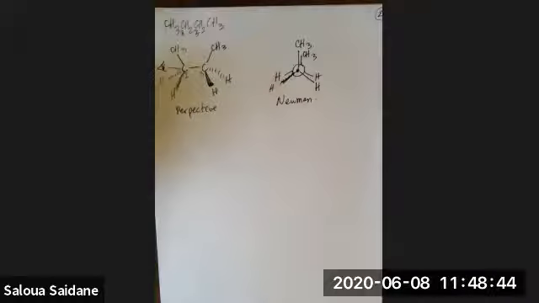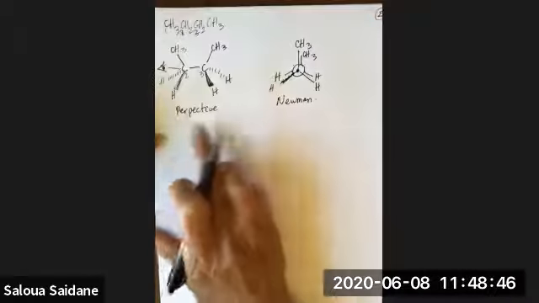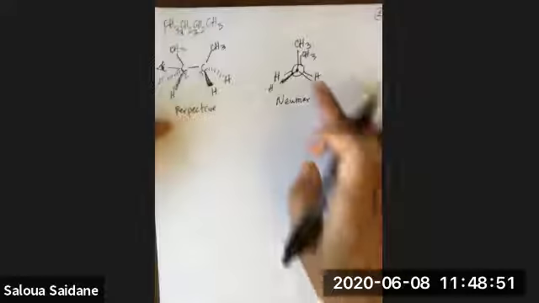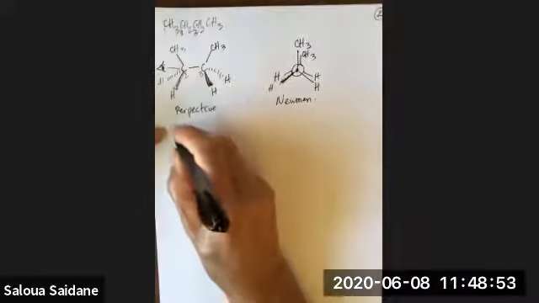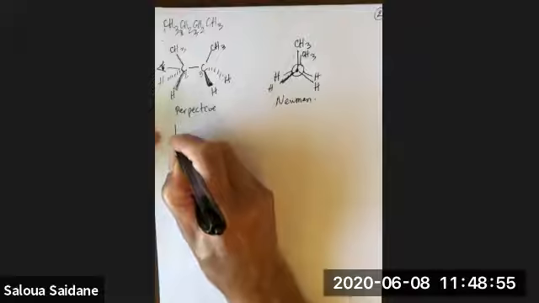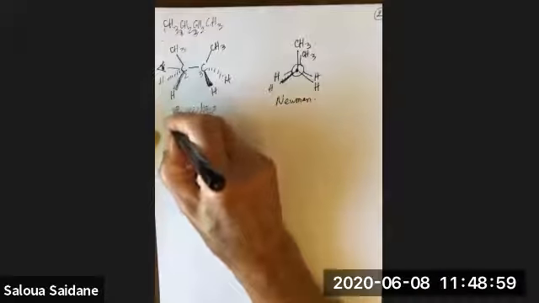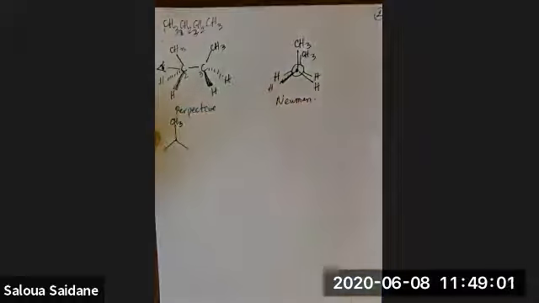Now let's try to start again with that Newman and keep rotating and see what happens, okay? So if I take my Newman projection again, I'm going to represent it here, and I'm going to circle the front CH3 with pink.